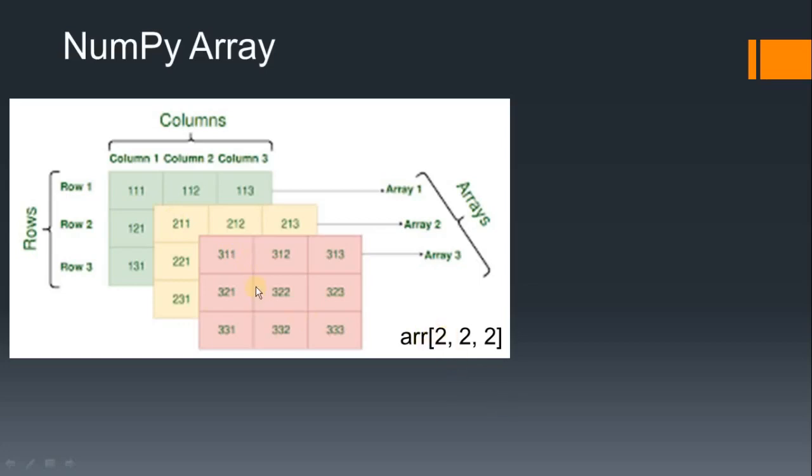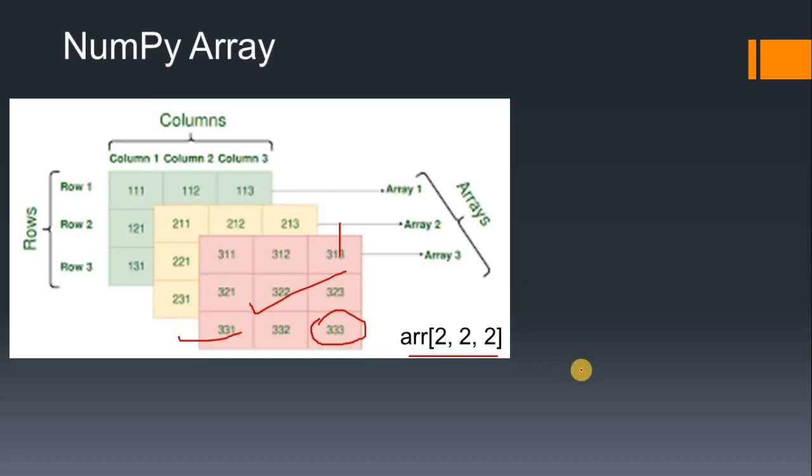So this 2 represents the third matrix, and the next 2 means as usual the row number, and the last 2 is the column number. So this is the row, and this is the column. The intersection point is this one. So this element will be available to you, and you can access that element by using this index position.